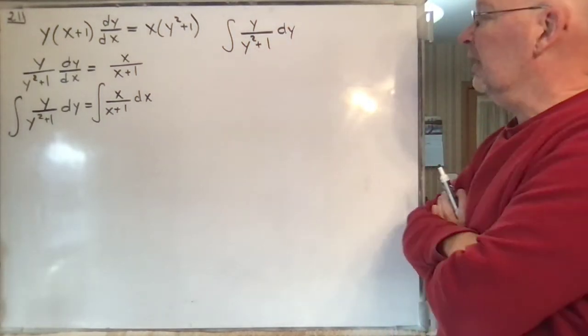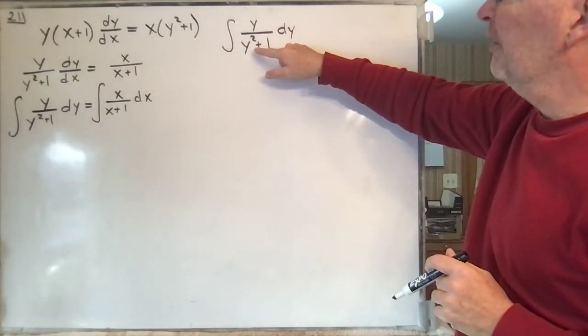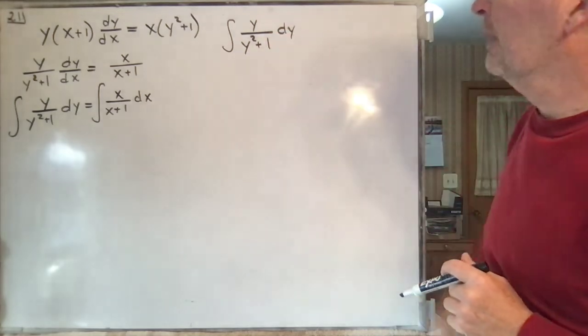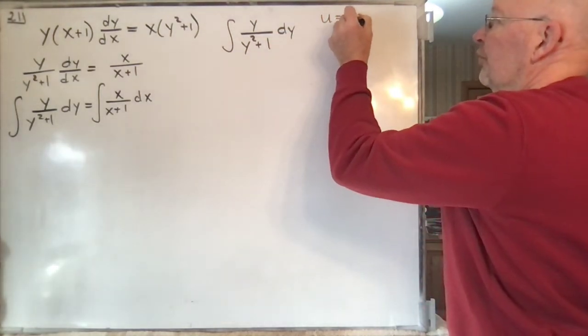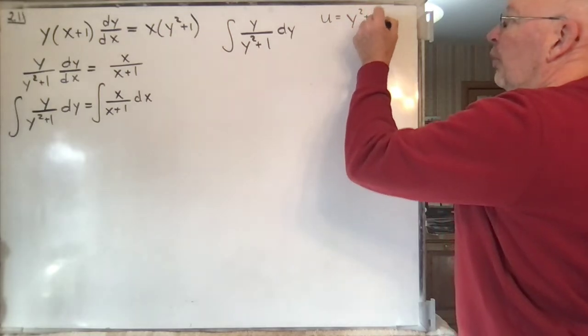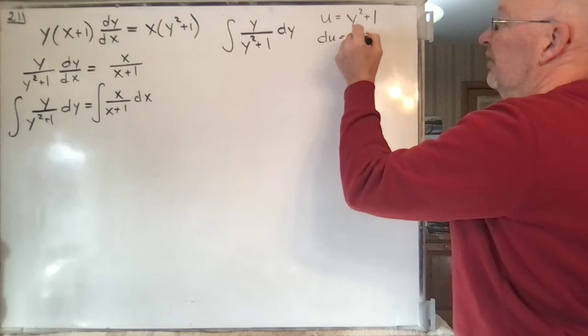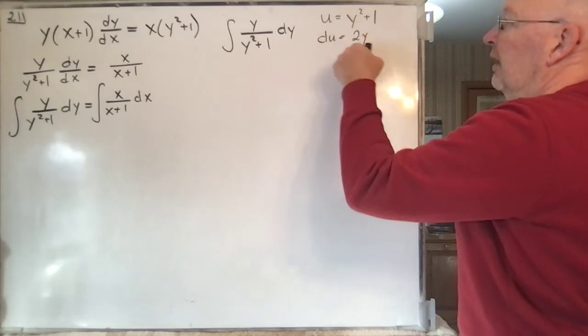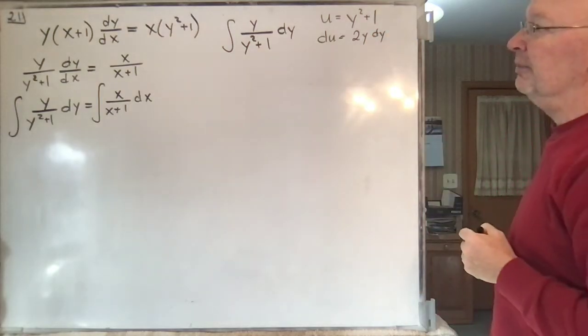The way to do it is to realize that the derivative of the bottom is up on the top. So you can make a substitution. You can let u be equal to y squared plus 1, and then du becomes the derivative of this, which is 2y, and then you tack on the dy like that.